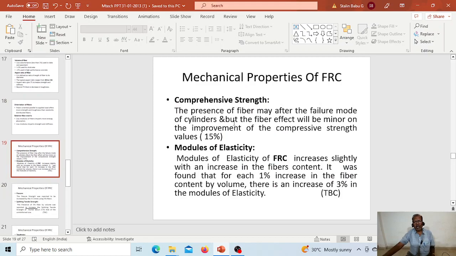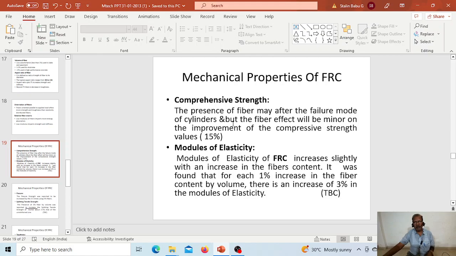And mechanical properties of FRC. Compressive strength: the improvement is 0 to 15%. The presence of fiber may alter the failure mode of cylinders, but the fiber effect will be minor on the improvement of compressive strength values, that is 0 to 15%.